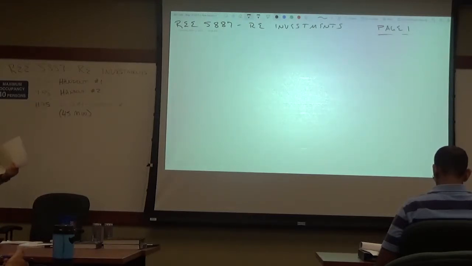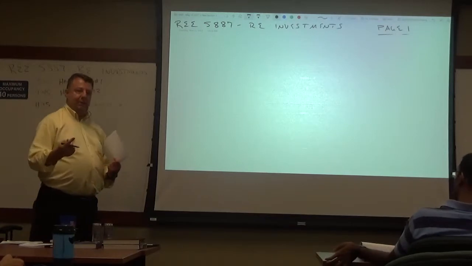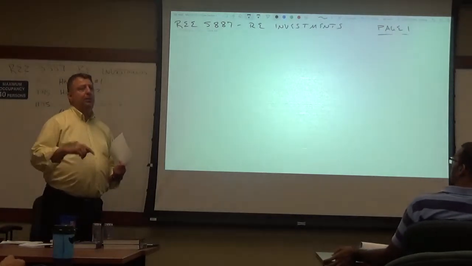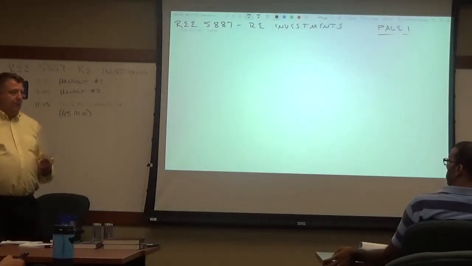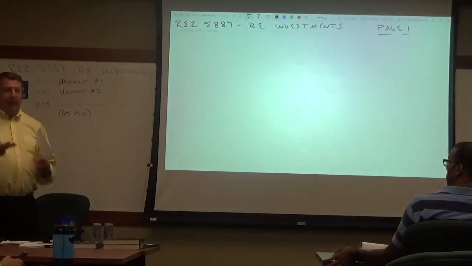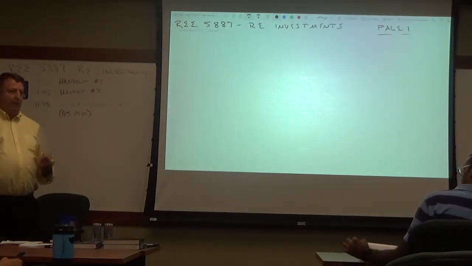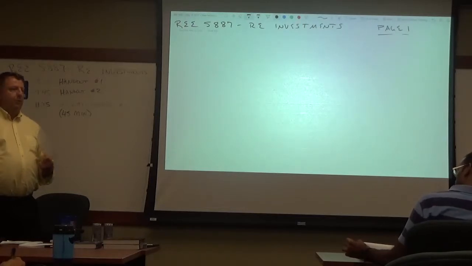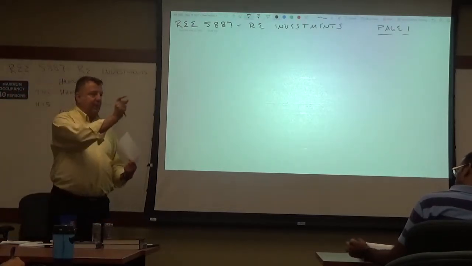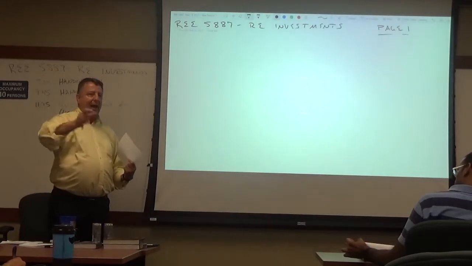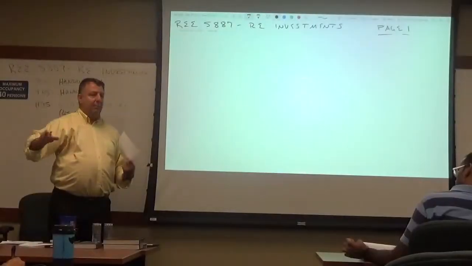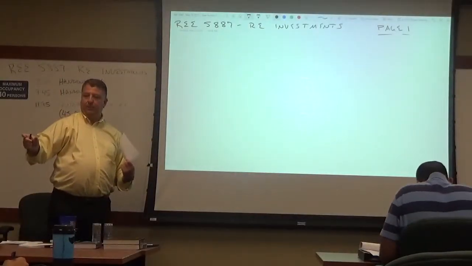Now, the difference with the second chance is there's always a catch. The catch is the tests are closed book, closed notes, and all you have is your calculator and your brain. Okay? So the incentive is obviously to do well on the quizzes and not have to take the test. But that's your second chance.